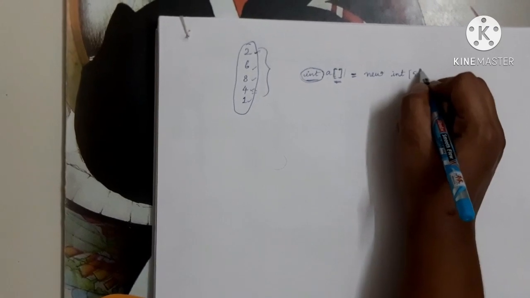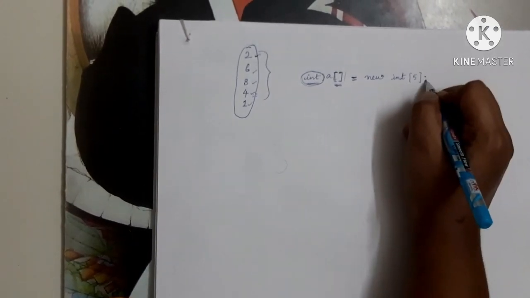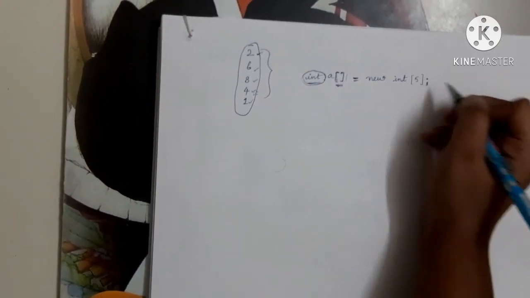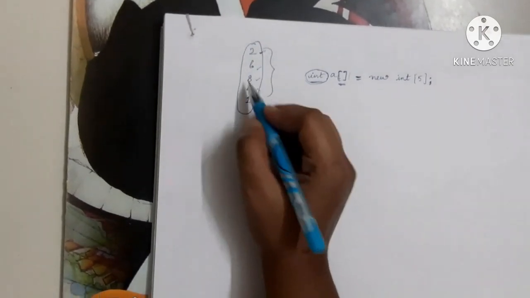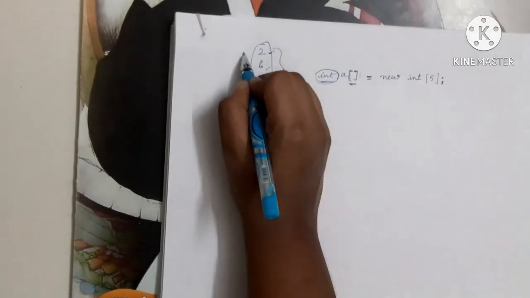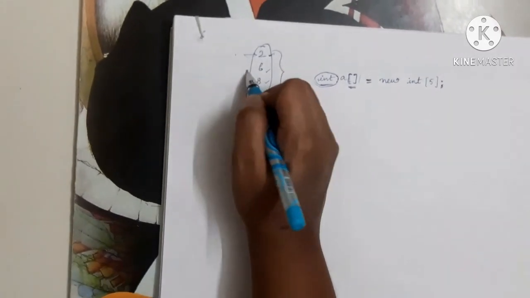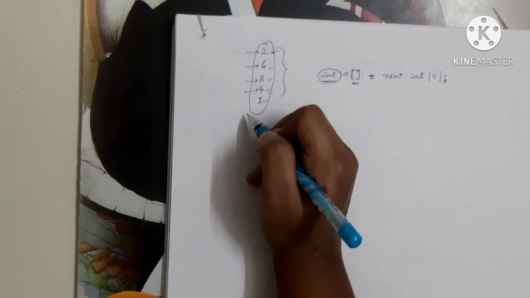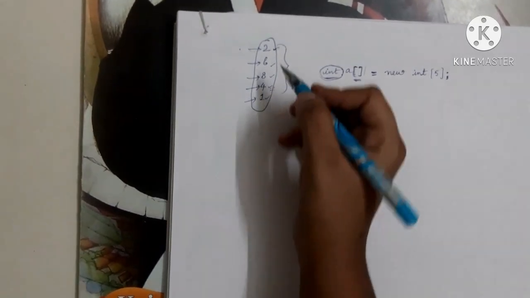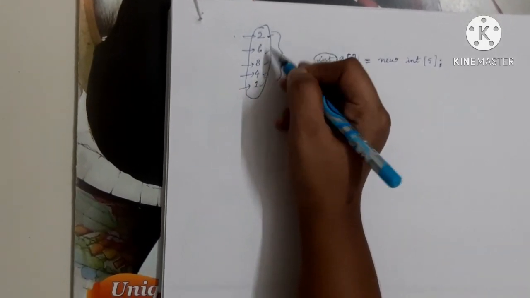Now the question comes, how can we arrange this? I need the first number as 2, second as 6, third as 8, fourth as 4, and fifth as 1. How can we get it in the exact order?